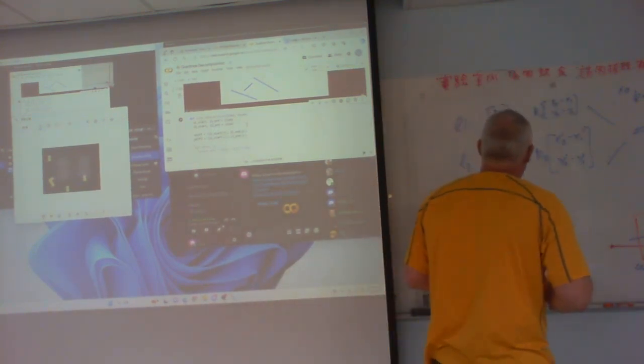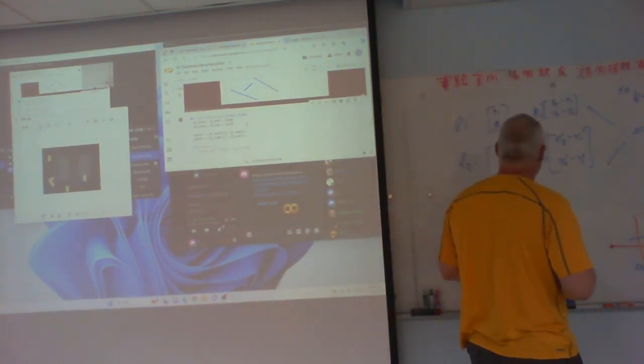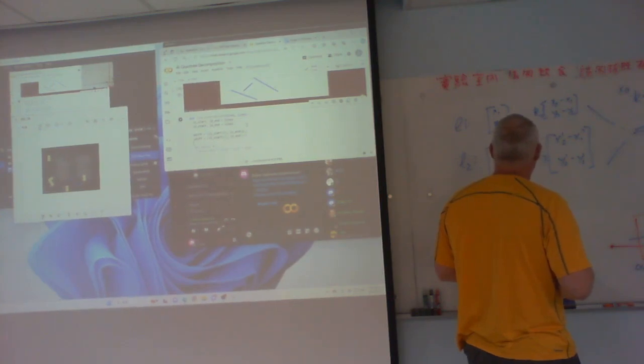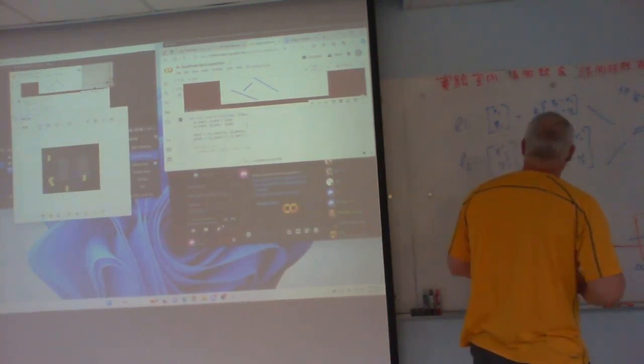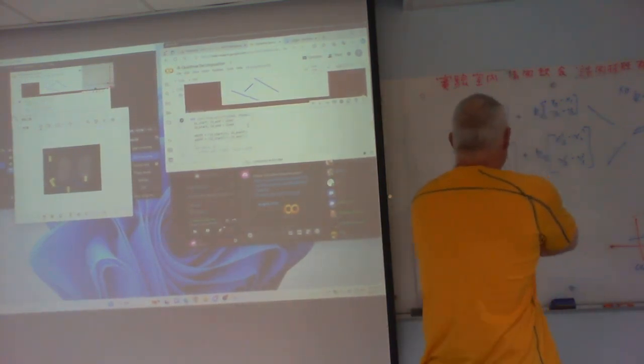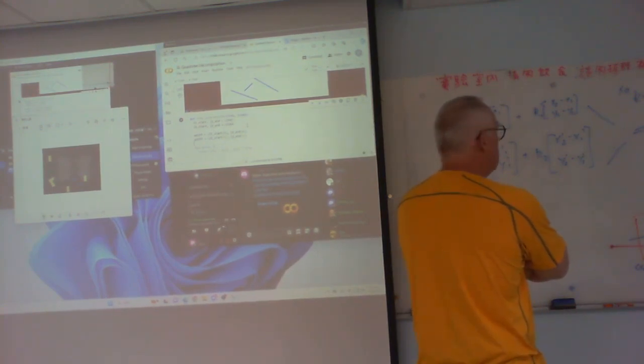So now we have a system with two unknowns and four equations.